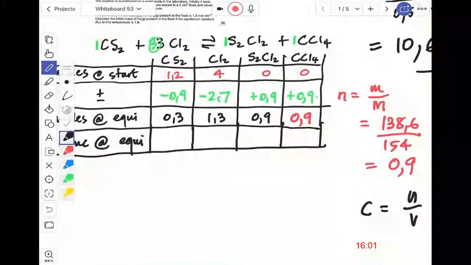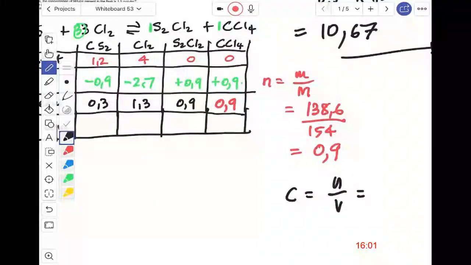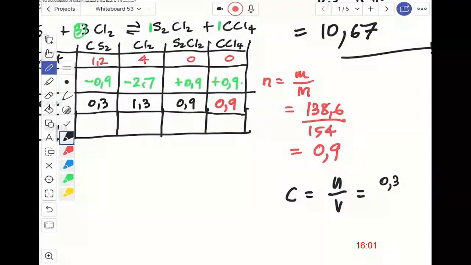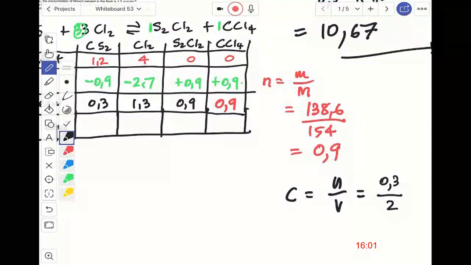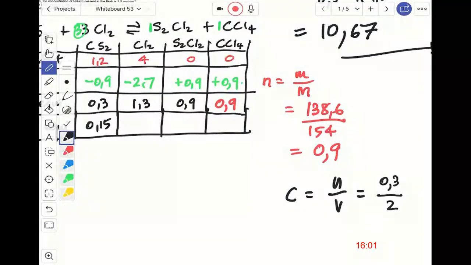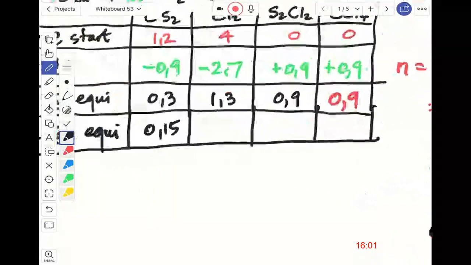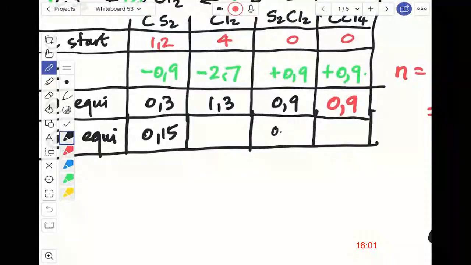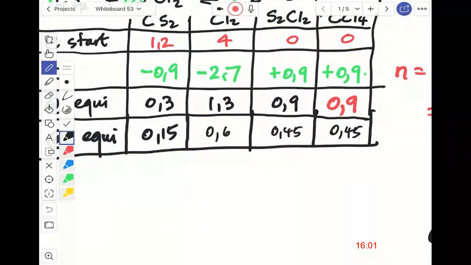So quite easily, I can look at my 0,3 divided by 2, and I get 0,15. And we don't have to do all those, we can do the rest of that in our heads. That is 0,45 when we divide by 2, and that is 0,65.